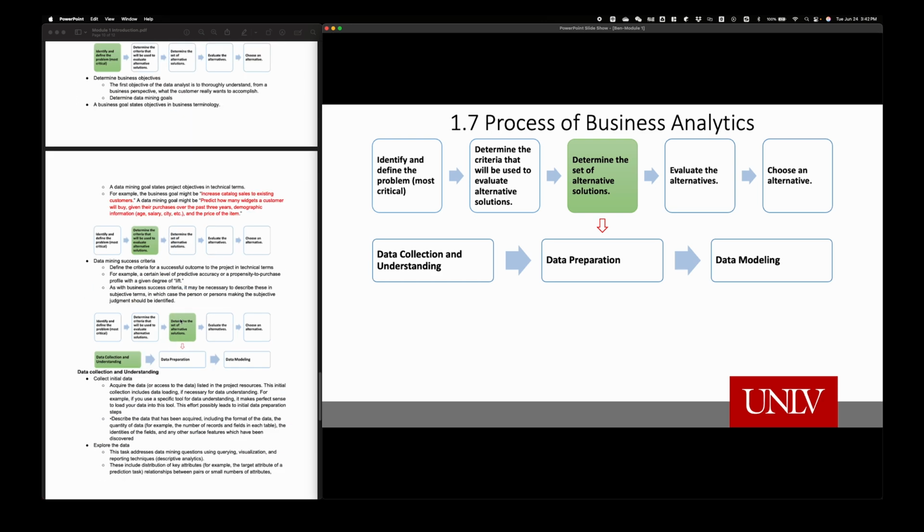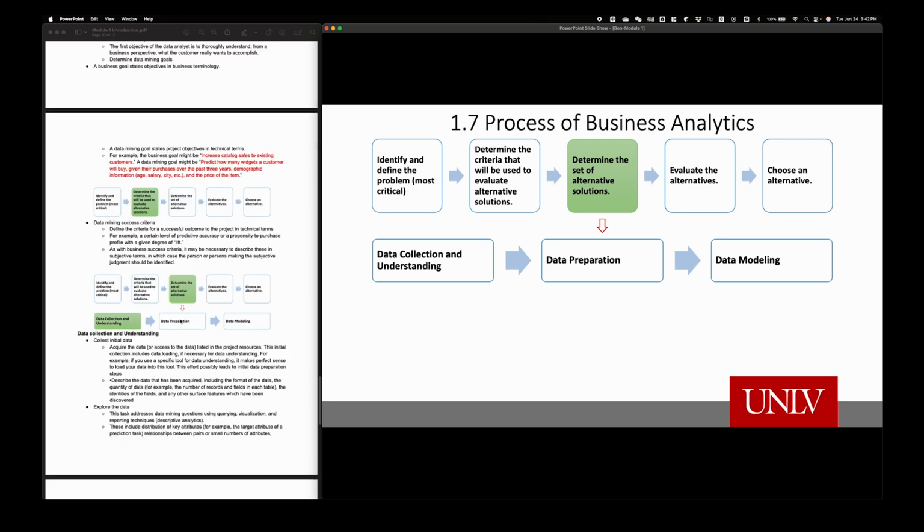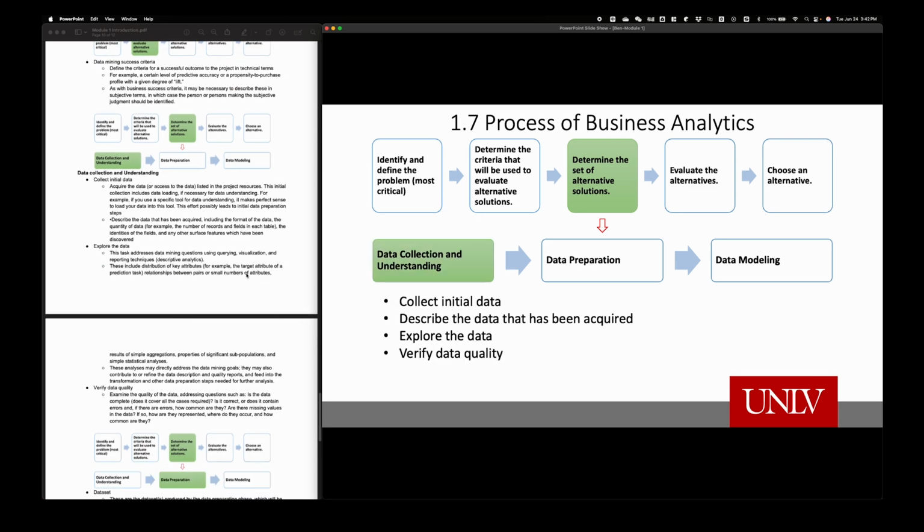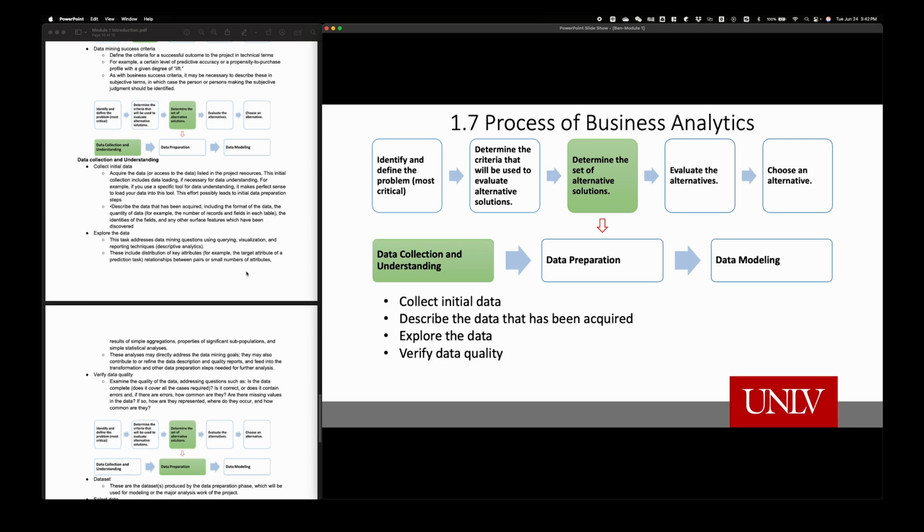The third step is to determine the set of alternative solutions. This step is where the real work begins. It includes 3 major components: data collection and understanding, data preparation, and data modeling. Data collection and understanding includes collecting initial data, which is to get access to the database and understand its basic structure.